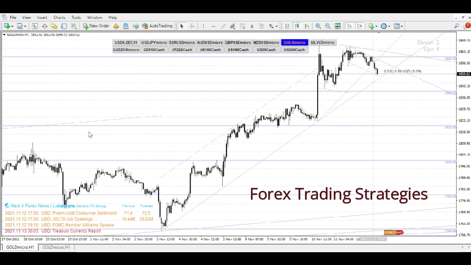I know the common encouragement is that only risk 2% of your account per trade. Some people tell you 5%, some people up to 10%, but I leave it up to you to think about how much of your account you need to risk per trade.